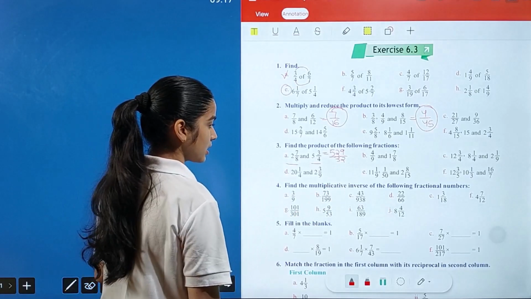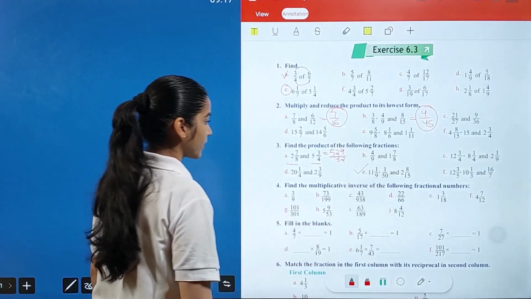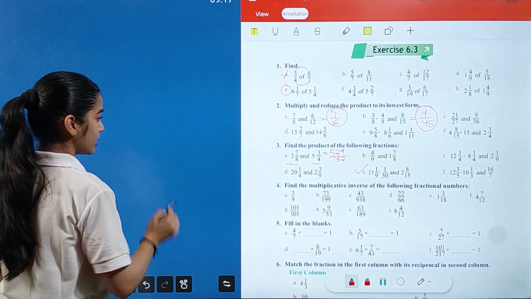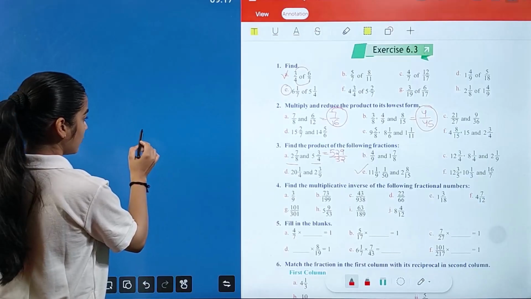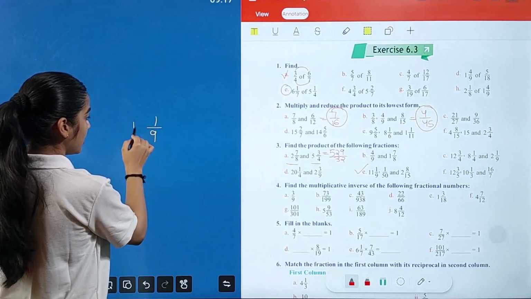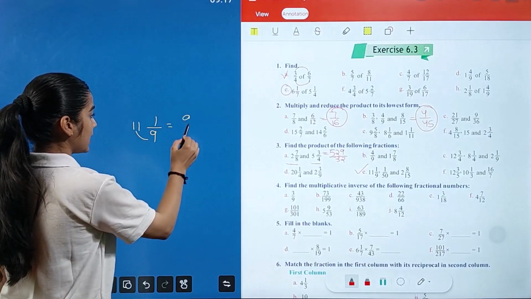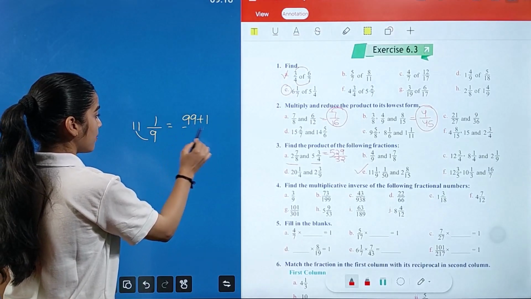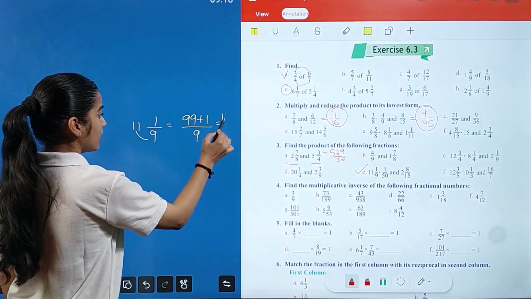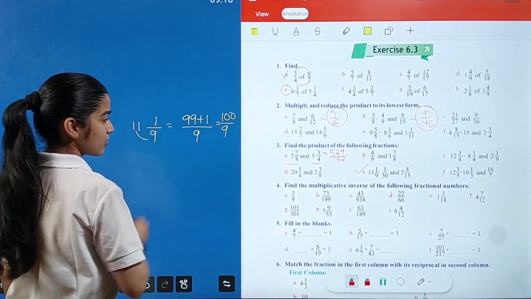Let's take this one, E. It looks like it's difficult, but it's not. First, you have to convert 11 by 9 into improper fraction. So 11 multiplied by 9, 99 plus 1 upon 9. So 100 upon 9 is your answer.